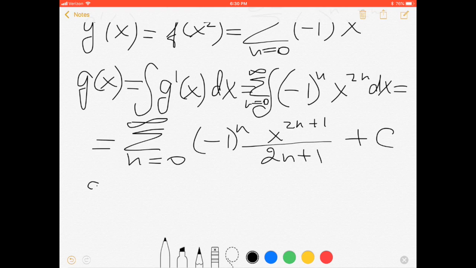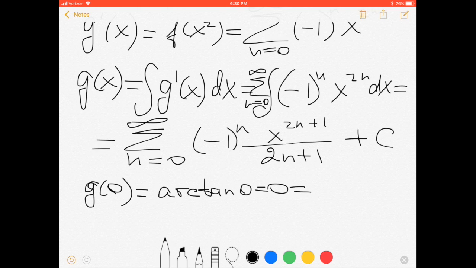Now we try to find our c. Remember, g of 0 is arctan of 0, which is 0. But if you plug 0 into the series, every element is 0. This means 0 plus c, so c equals 0.